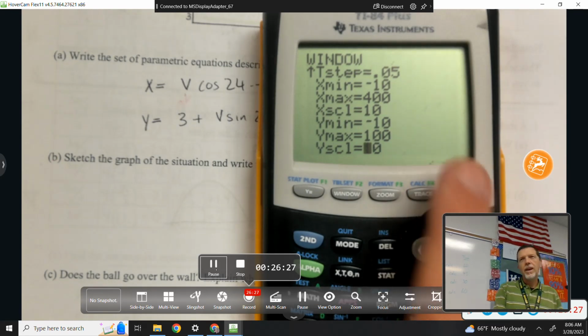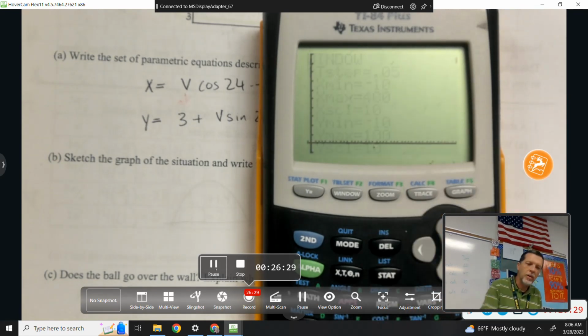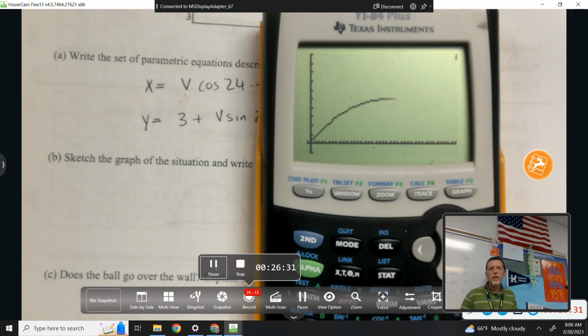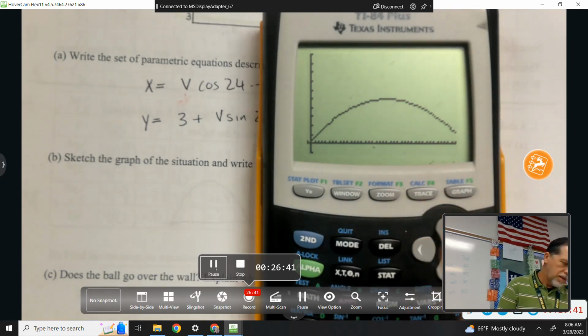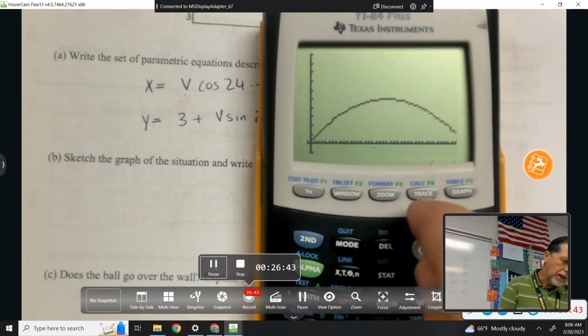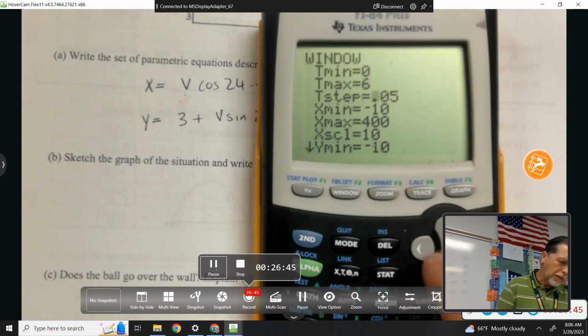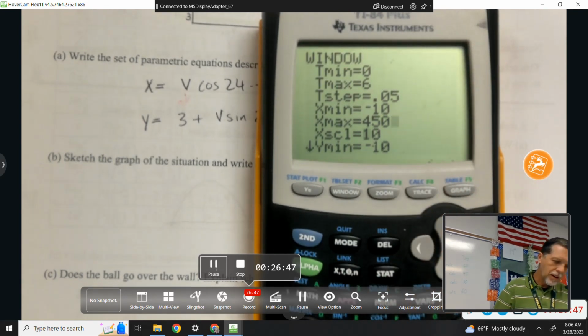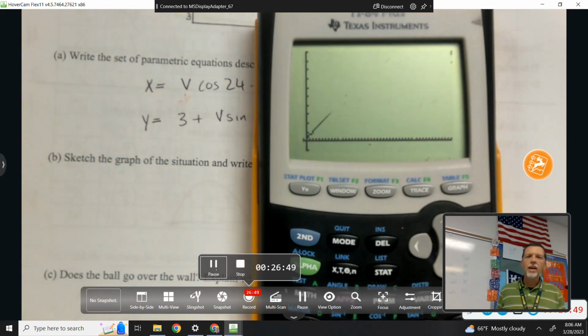So again, you're just kind of playing with it and see if that works. Okay, I can't quite see everything, so maybe I want to back up a little bit and make my x max a little bit bigger. How far would this ball have traveled? There we go.